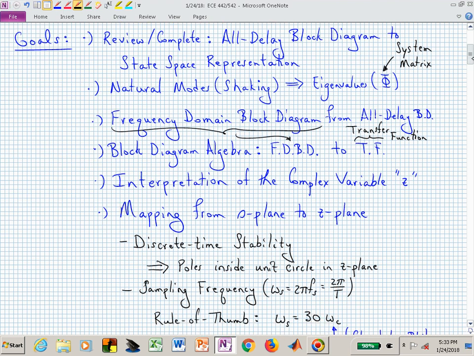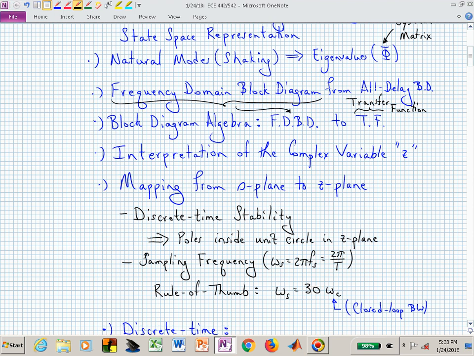Once we've chased our tail enough and gotten dizzy, we'll try to get into the complex frequency variable z. We've just been using it as an operator, as z to the minus 1. Now we'll try to start talking about how it is related to this complex frequency variable s.